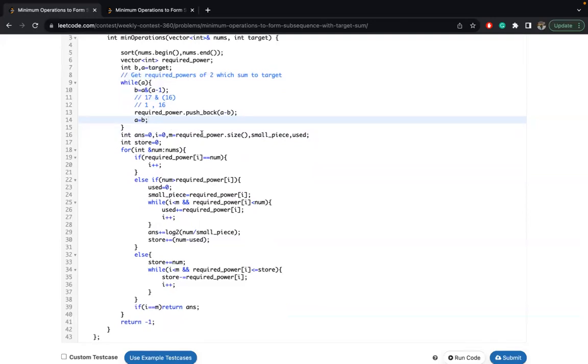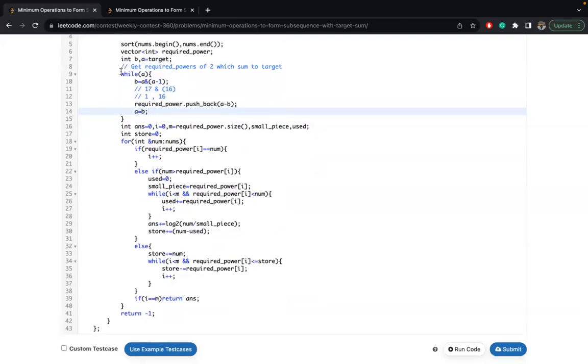Okay, the next thing is, after getting required powers and after sorting those values, we are traversing from left to right. So in nums, we are traversing from left to right, that is in increasing order, and then you are traversing the required powers as well. So for required powers, I have this i as index.